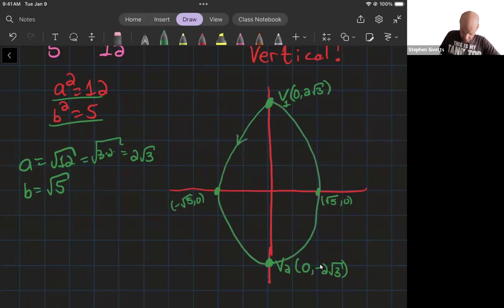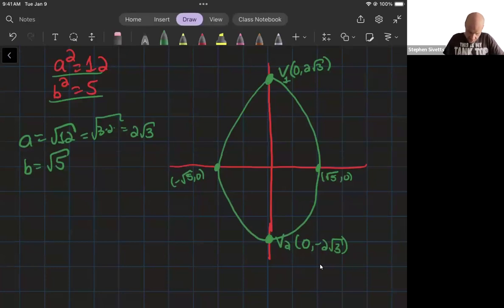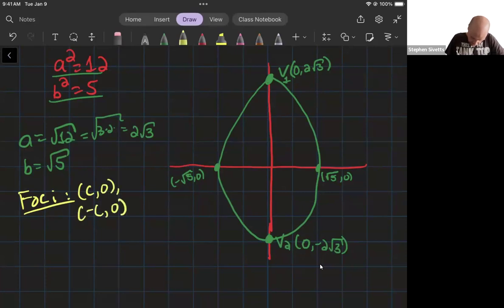It's just a rough looking ellipse here, right? And also what we need to do is figure out the foci, right? The foci are points, in this case, C,0 and then minus C,0, where C squared is equal to A squared minus B squared, right?